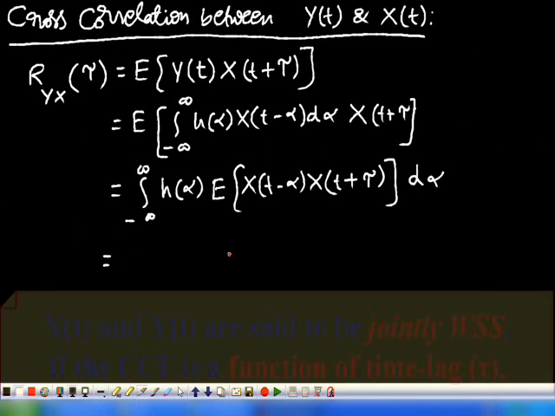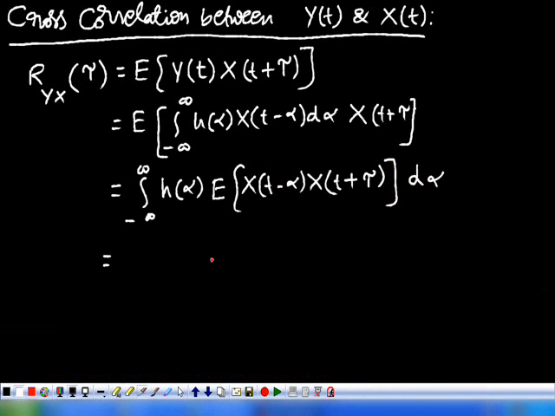We already assumed the input random process is wide sense stationary. Then the expectation of this is the Rxx of the time lag. What is the time? This is time 1, this is time 2. What is the difference between these two?